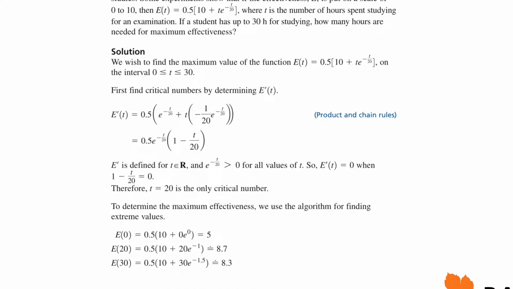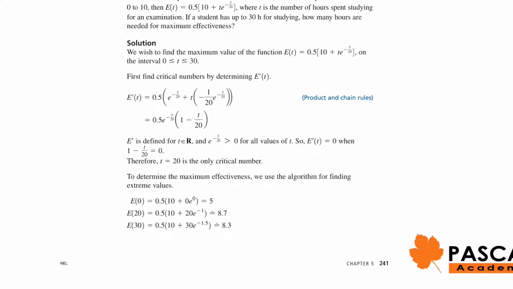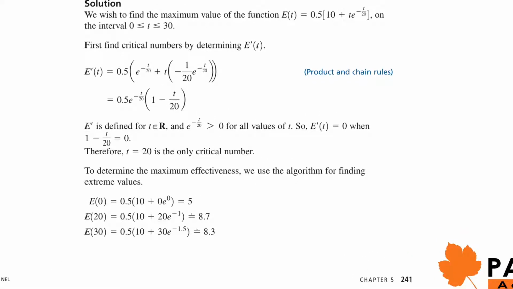Basically, we are looking for the maximum value of the effectiveness function, E(T), when T is greater than or equal to 0 and smaller than or equal to 30. We take the derivative of the function by using the constant rule and product rule.